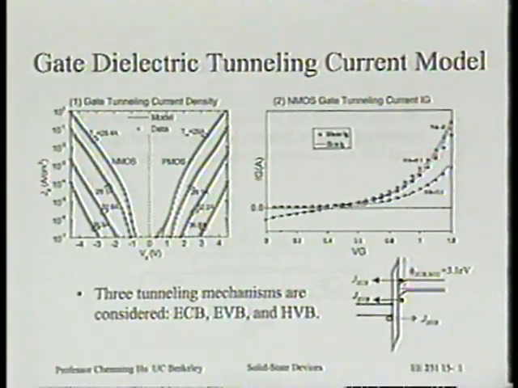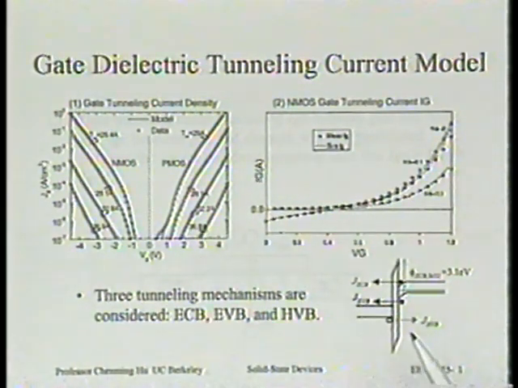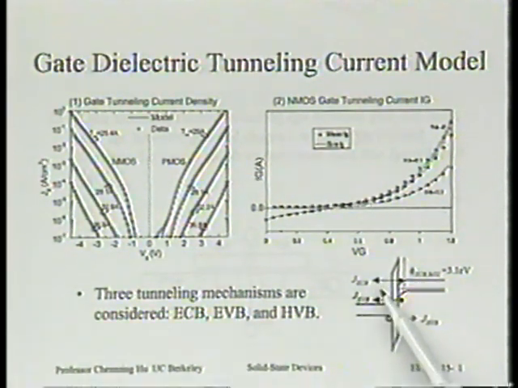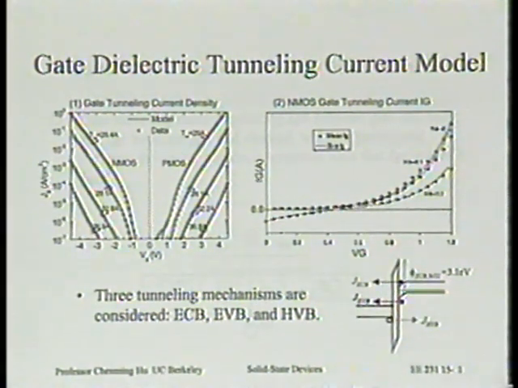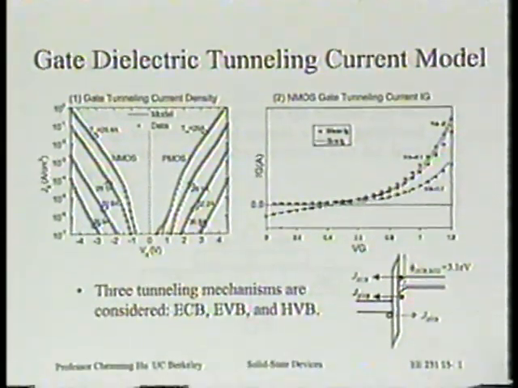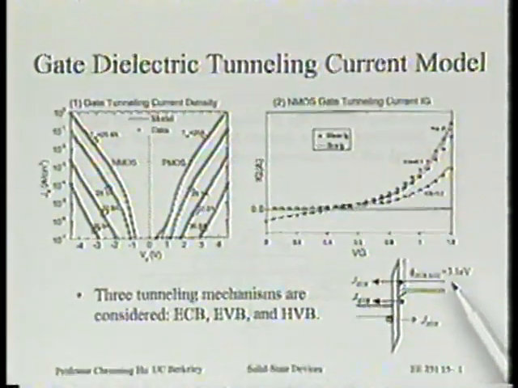Well, it turns out the most obvious component of tunneling is the top component. That is, there's an inversion layer, a lot of electrons at the surface, and these electrons can tunnel through this barrier, get into the gate electrode, and that becomes a current flowing between the gate and the substrate.